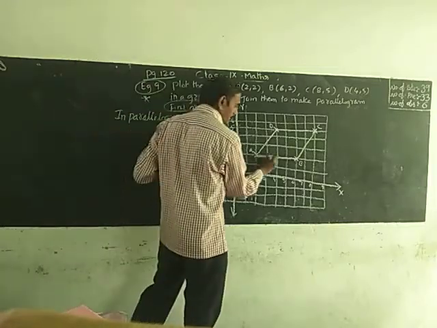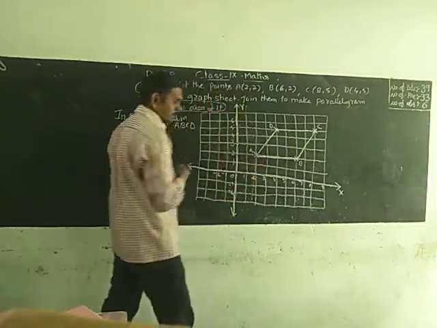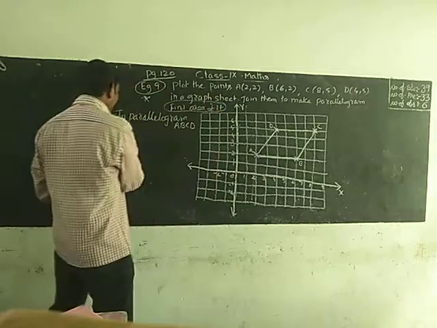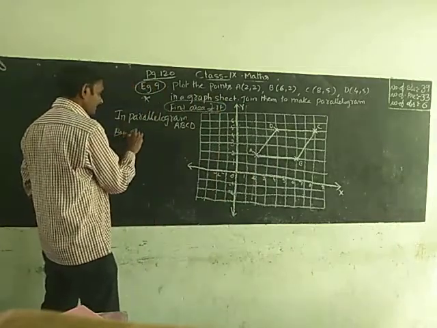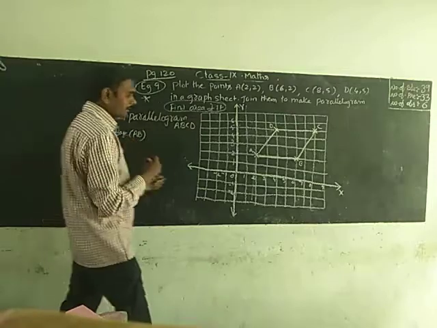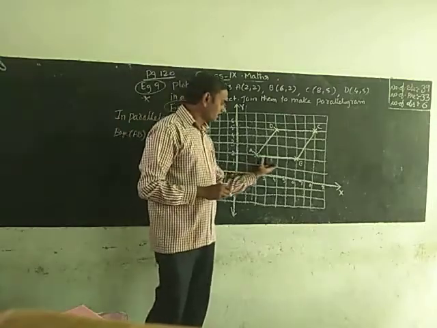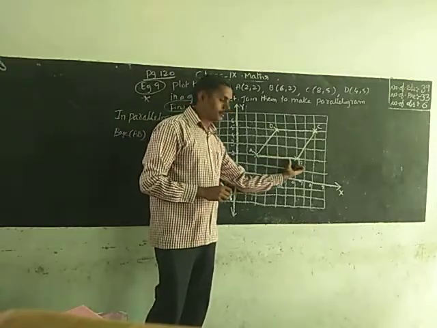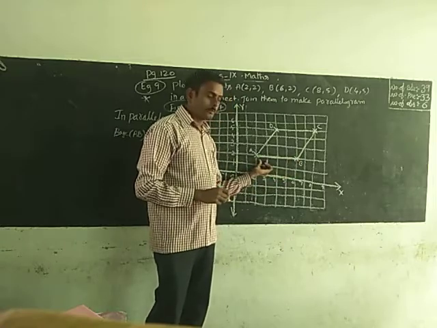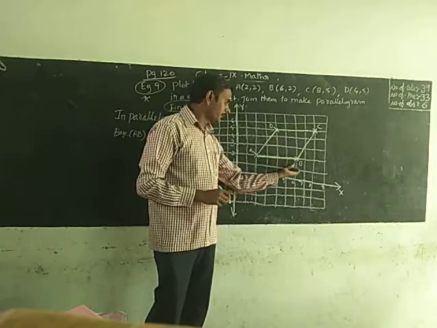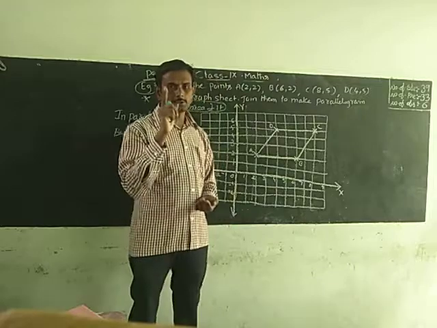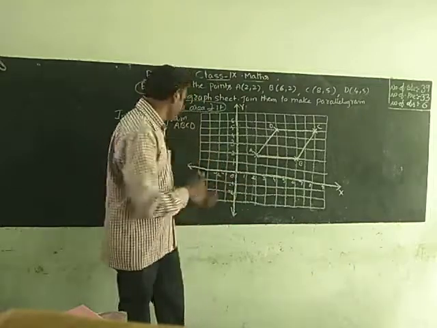In parallelogram ABCD, this is the base. Base AB equals what is the distance of AB? 1, 2, 3, 4 units. Total how many boxes are there? 1, 2, 3, 4 boxes. Each box is equal to 1 unit, so 4 units.